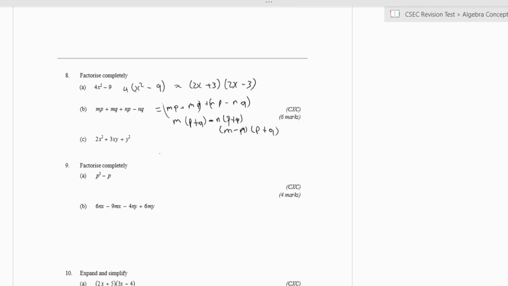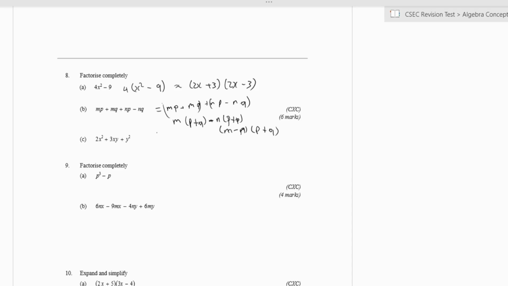Okay, on this question now, we have 2x squared plus 3xy plus y squared. Now this is a double. Two and a one.